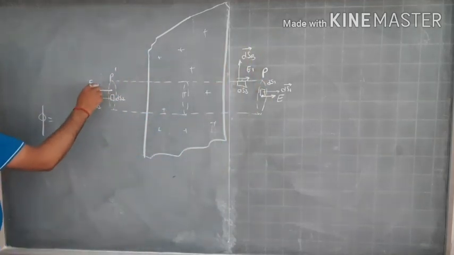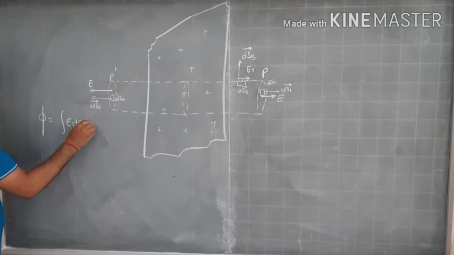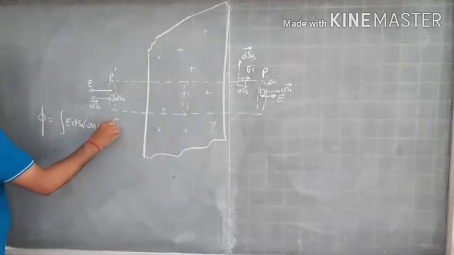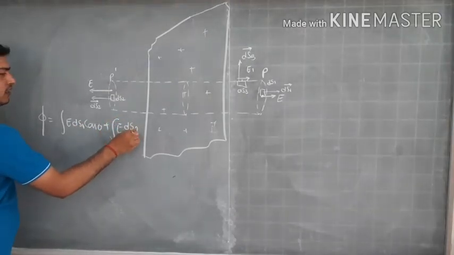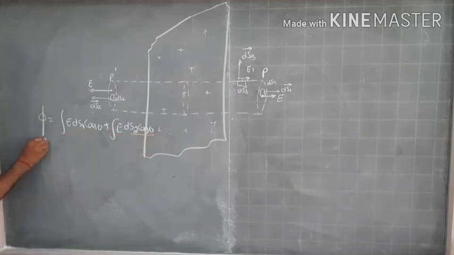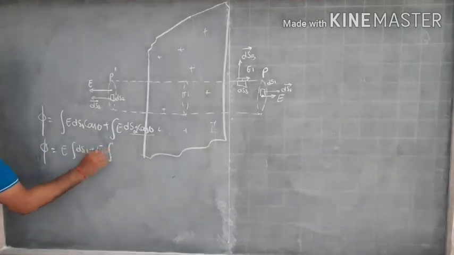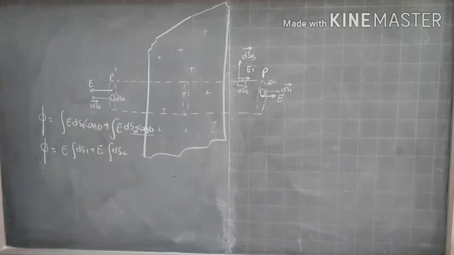So for these two surfaces, the flux will be E ds1 cos 0 plus E ds2 cos 0. Cos 0 is 1, so we can write it as E integral ds1 plus E integral ds2.